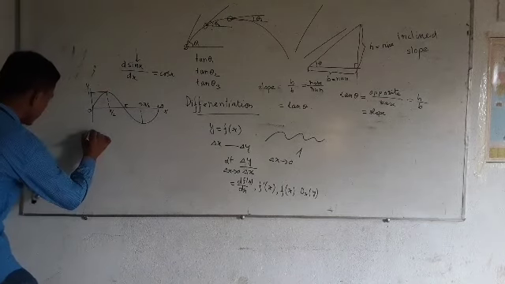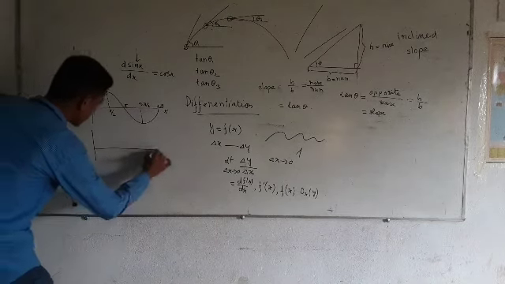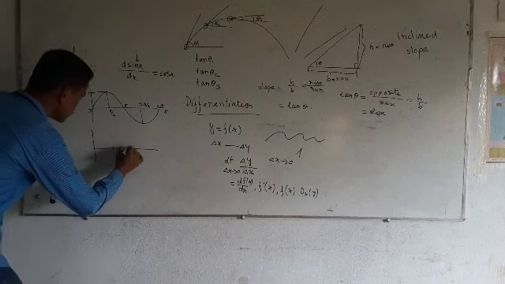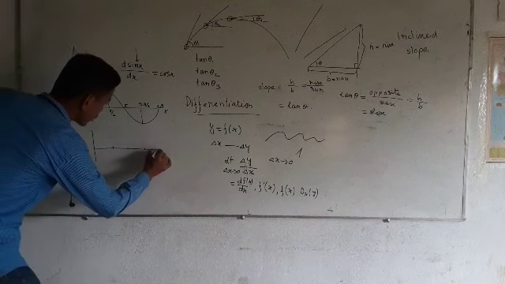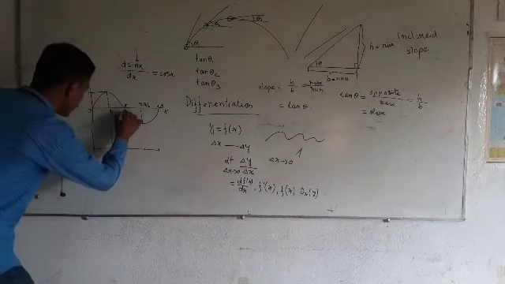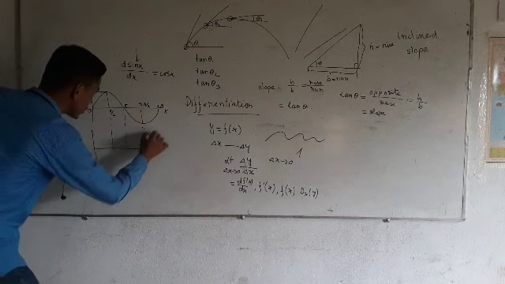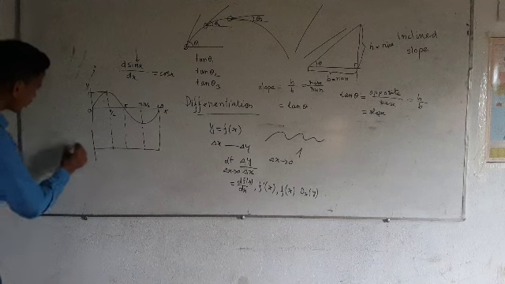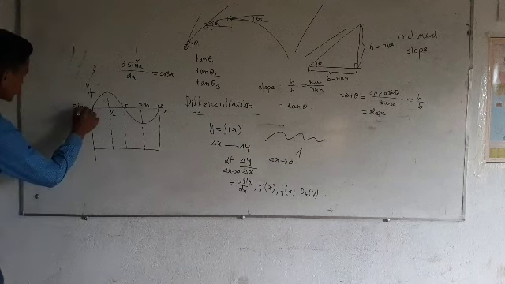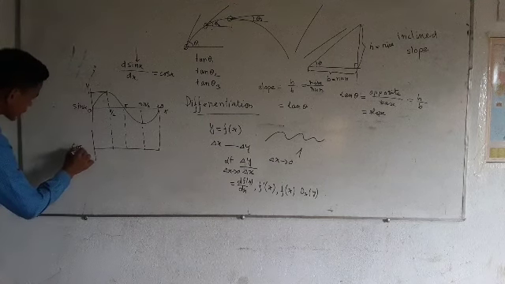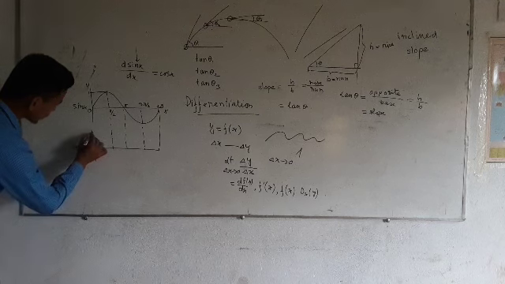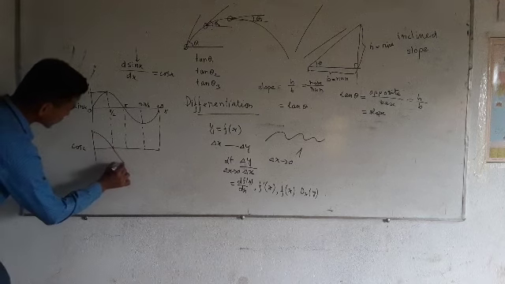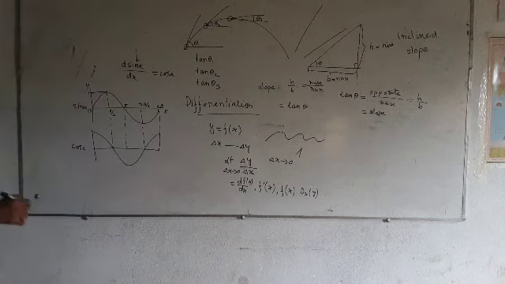Now this is the curve of sine x, and the graph of cos x will be like this.